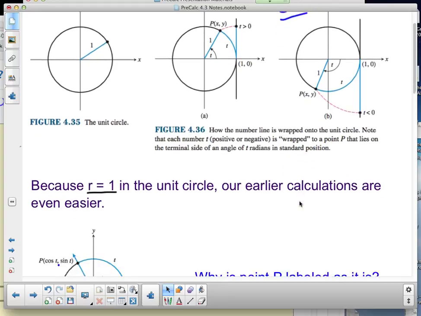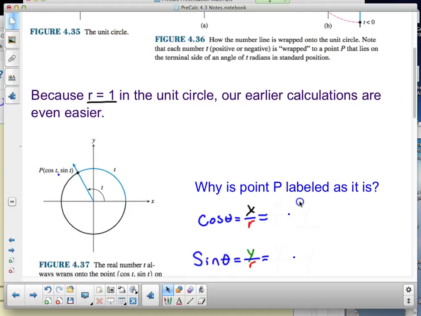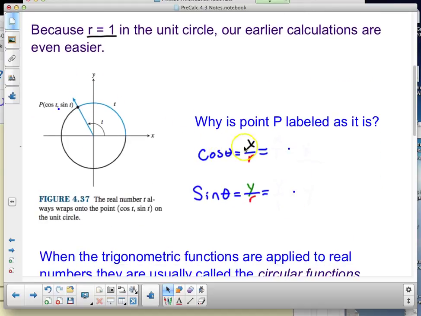So because r is equal to 1 in the unit circle, our earlier calculations are even easier. Remember cosine theta? x over r, well, if r is 1, cosine is x. Sine theta, y over r, well, when r is 1, sine is y. And people are like, well, what do you mean?